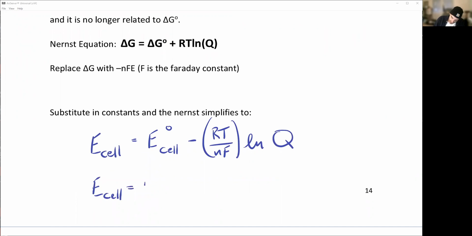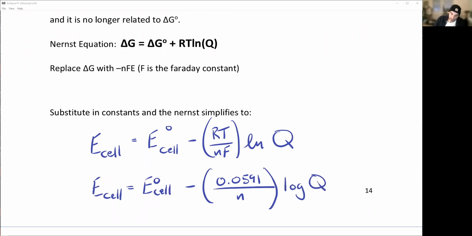E cell is equal to E naught cell minus 0.0591, because this is usually at standard temperature, over n moles of electrons, log of Q. Don't ask me why it changes to log. There we go. This equation right here is the Nernst equation.